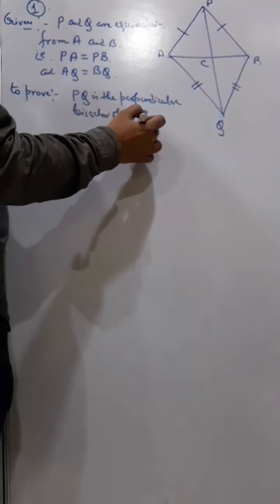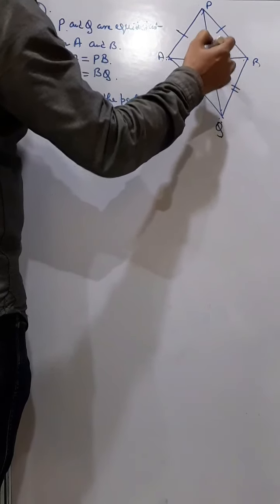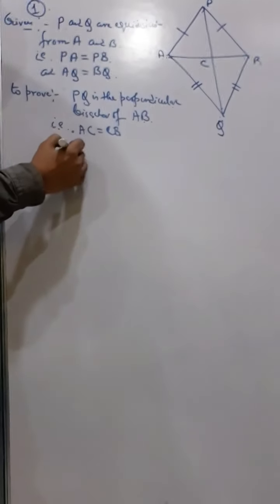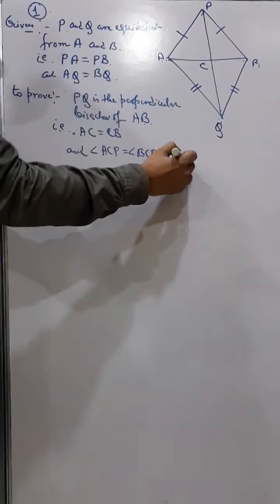And then what do we have to prove? We have to prove that PQ is the perpendicular bisector of AB. So this PQ is the perpendicular and also bisector. That means first of all we have to prove that AC is equal to CB, and also that angle ACP is equal to angle BCP is equal to 90 degrees.